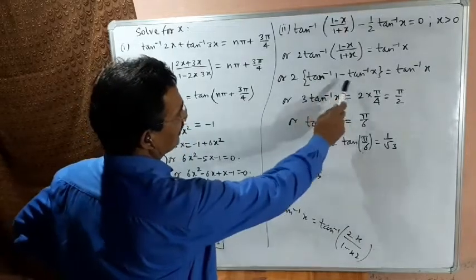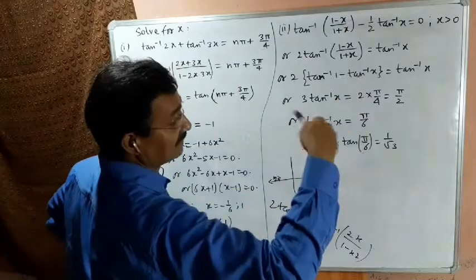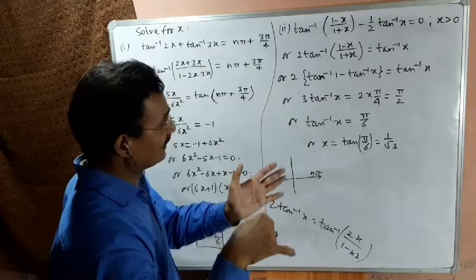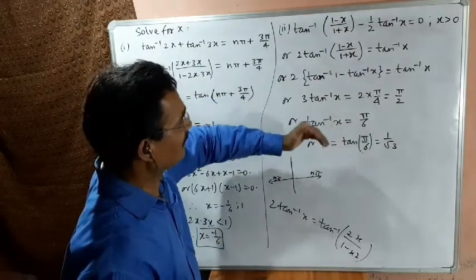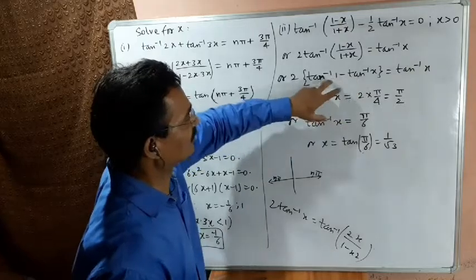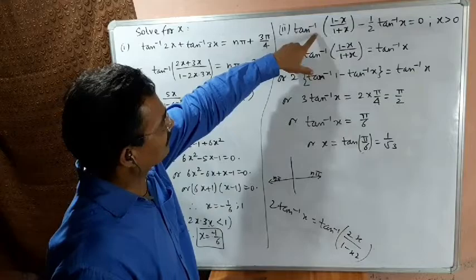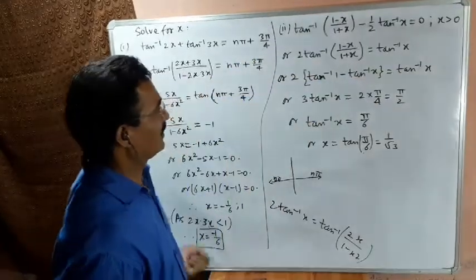If this is written as in the formula tan inverse x minus tan inverse y, then this will be tan inverse of x minus y, that is 1 minus x, by 1 plus x into y, that is 1 plus 1 into x, that is 1 plus x. So I have just broken this like this, right side same.